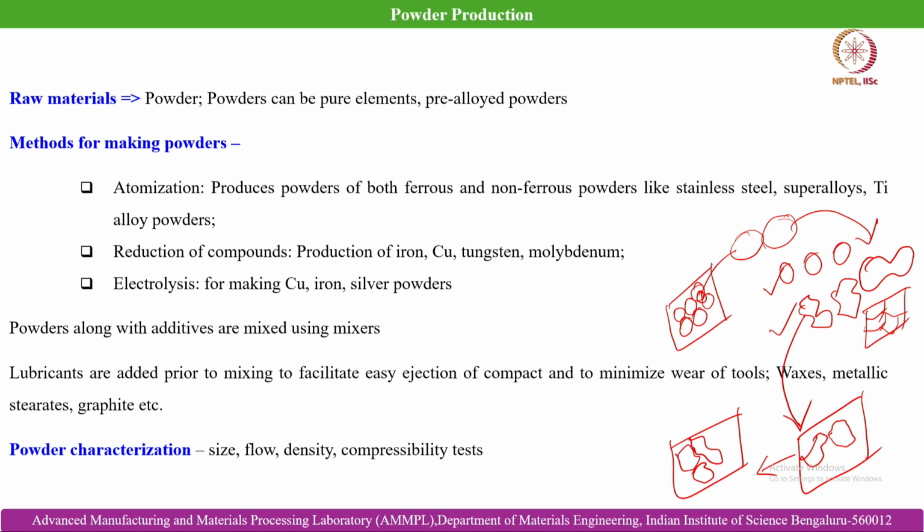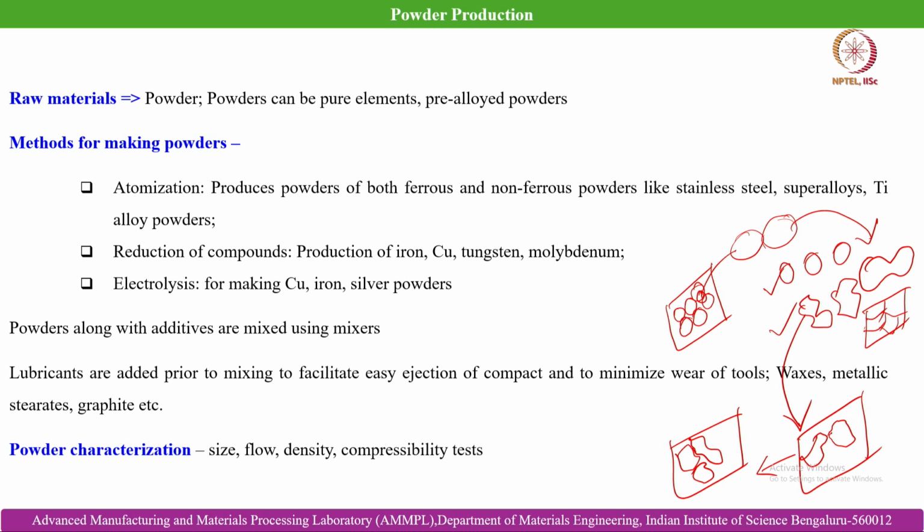So that is the reason we need to be very careful about the initial attributes, the initial morphology of the powder particles. Not only the process, it is also the raw material which plays a major role in powder processing to achieve the desired mechanical and physical properties.